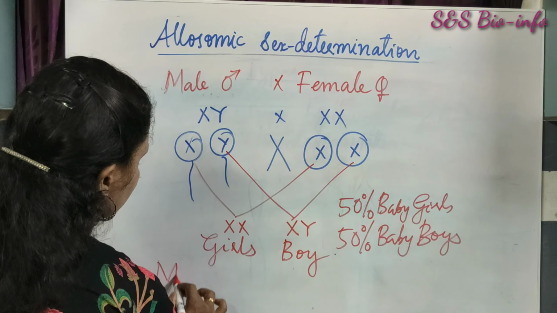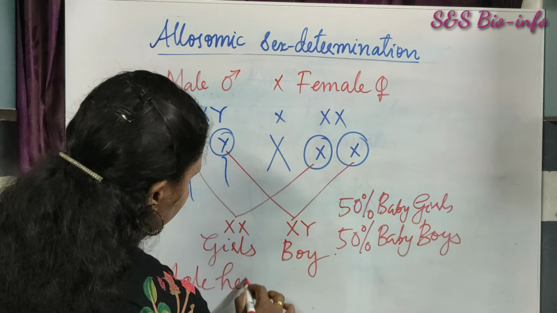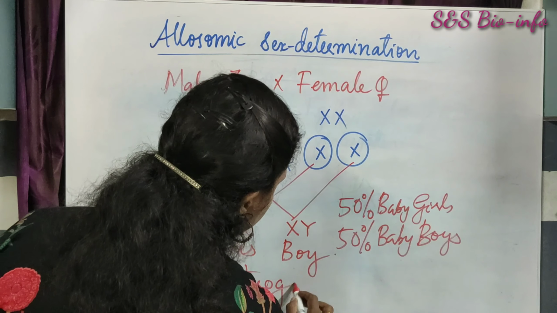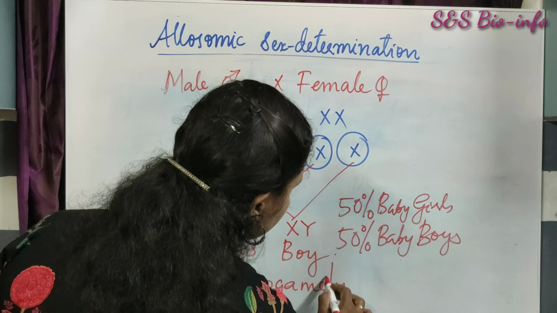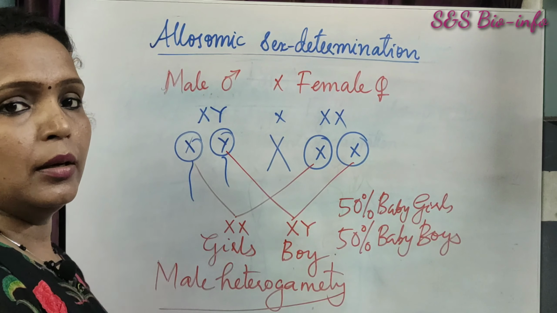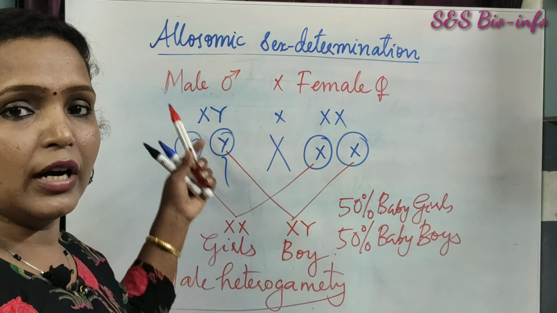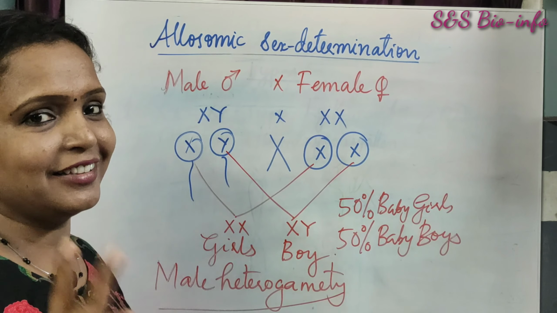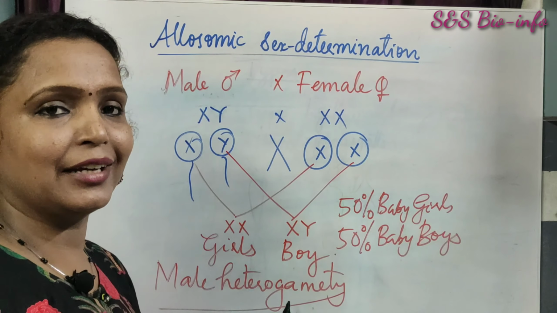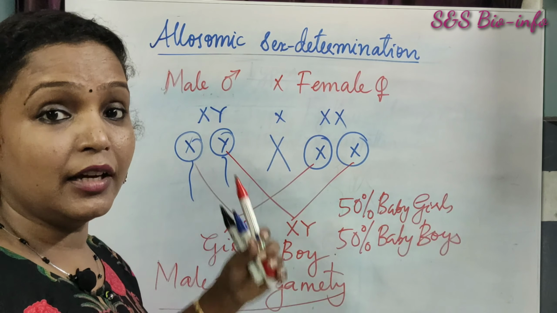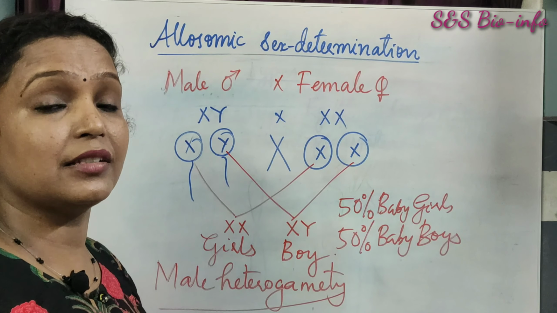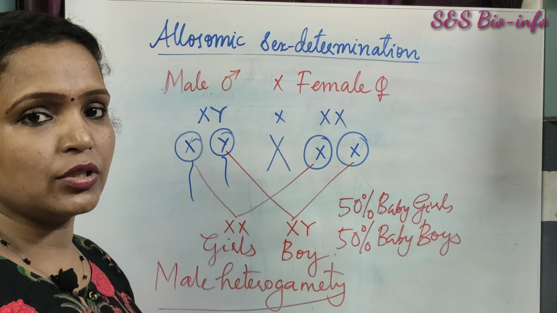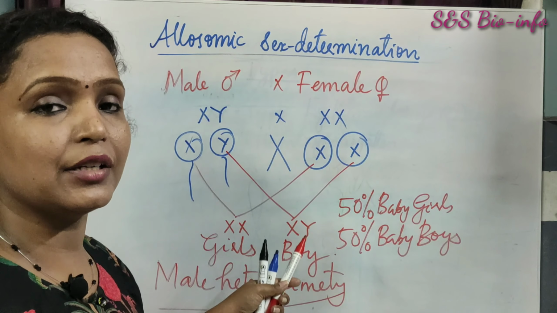Male heterogamety means one sex is able to produce two types of gametes. That is the meaning of male heterogamety. Here, male operates the sex determination process, so that it is known as male heterogamety.